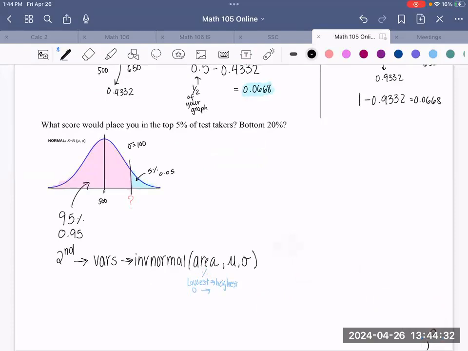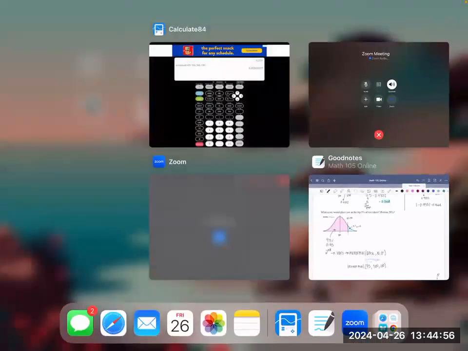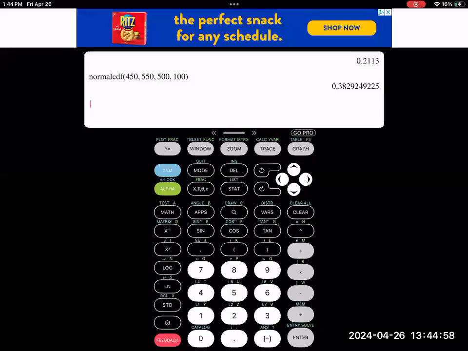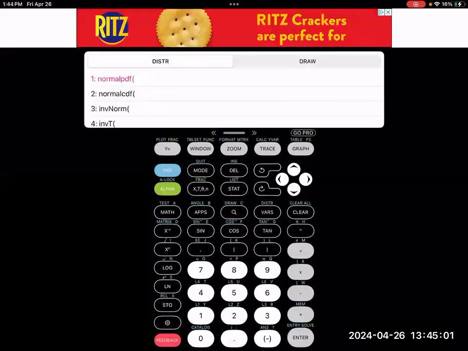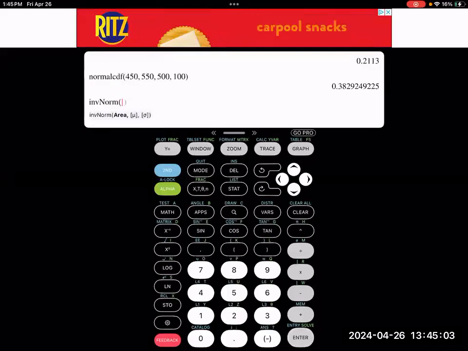So let's try to do it. Inverse normal. We're not going to use your 5%. Instead, we're going to use the 95 because we go from your smallest value 0 all the way up. So we have 0.95 already, 500, and then 100. Let's see that in action. So second vars, inverse normal, 0.95, comma, 500, comma, 100.